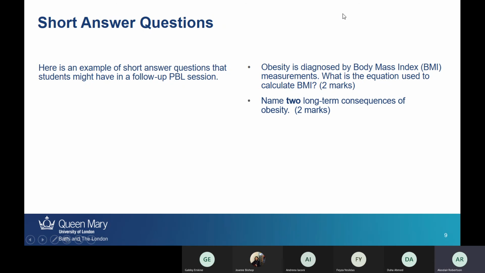And name 2 long-term consequences of obesity. Diabetes. Depression, yeah. Okay, absolutely, that could have been 2.